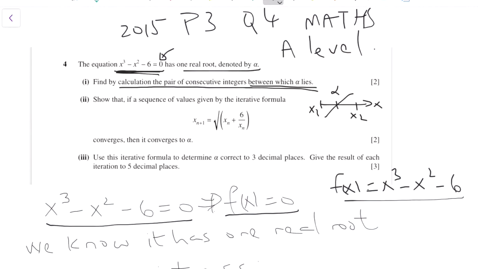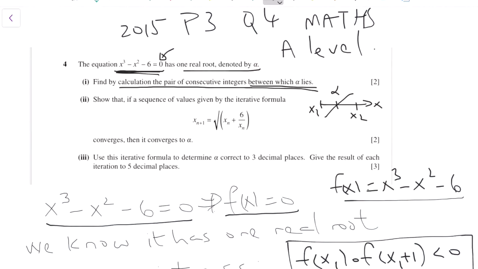Essentially you want f(x1) times f(x1 plus 1) to be less than 0, because you want there to be a sign change, indicating that the graph of f(x) crosses the x-axis. So that's what you want to find: x1 and x1 plus 1 in order to answer the question.